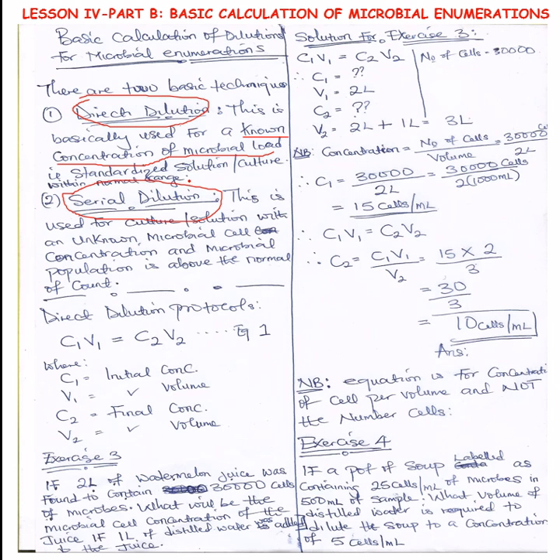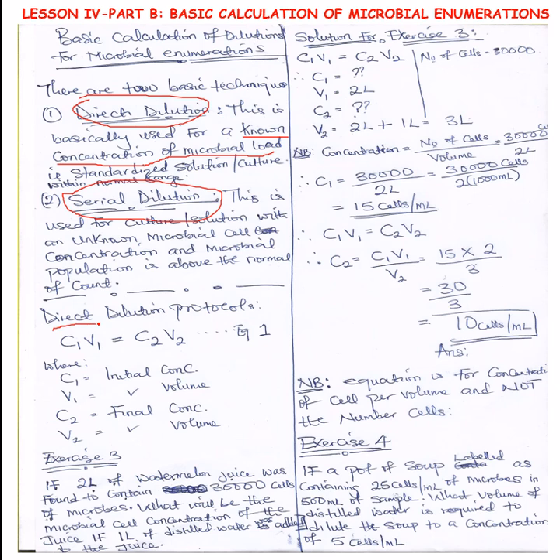We already discussed serial dilution in the physical class: it is a sequential method of reducing the microbial population within a system in order to have a valid culturable count, whether of cells or colonies. So it is just a systematic method of reducing the microbial population to have a valid culture plate.